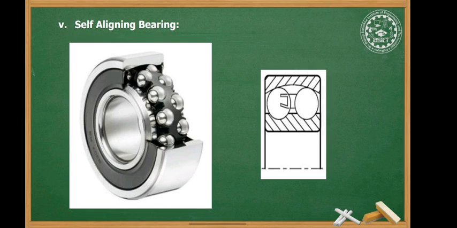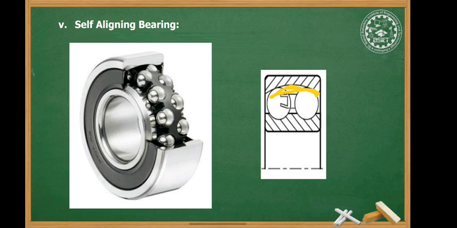Self aligning bearing. The self-aligning ball bearings consist of two rows of balls which roll on a common spherical surface in the outer race. So here this is the common surface on which the balls are rolling inside the outer race.